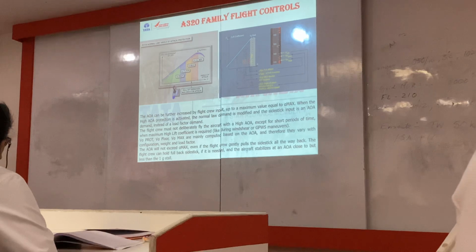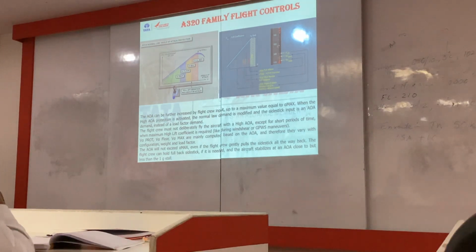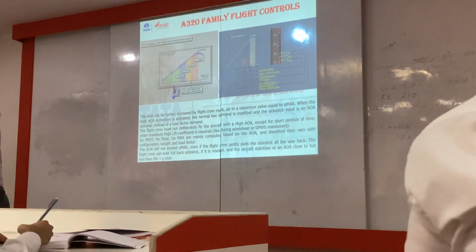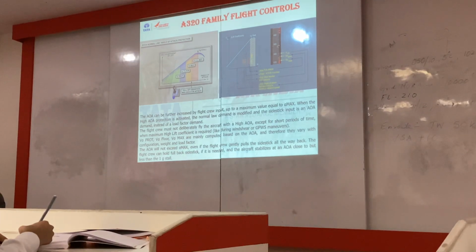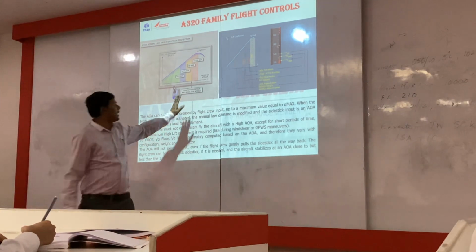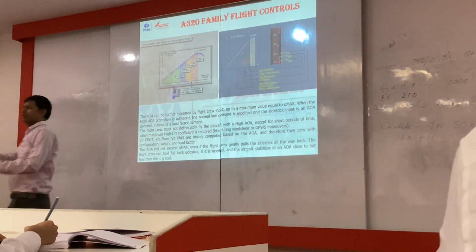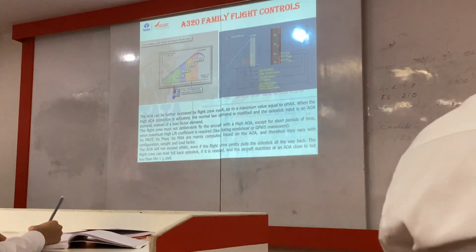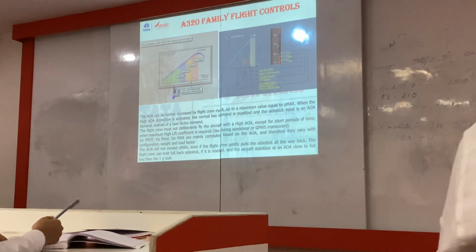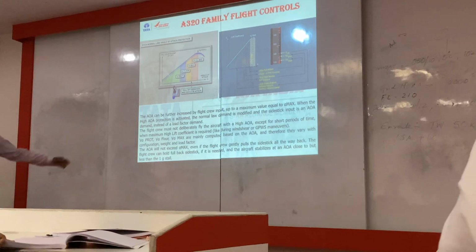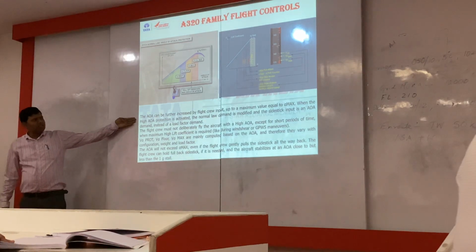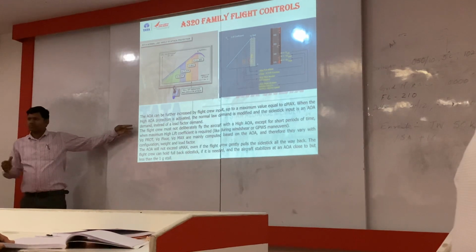Your alpha floor will be active. Now the moment you release the side stick, it will restore to what value? Alpha floor, because the alpha floor is active. Will the thrust limit change or not?